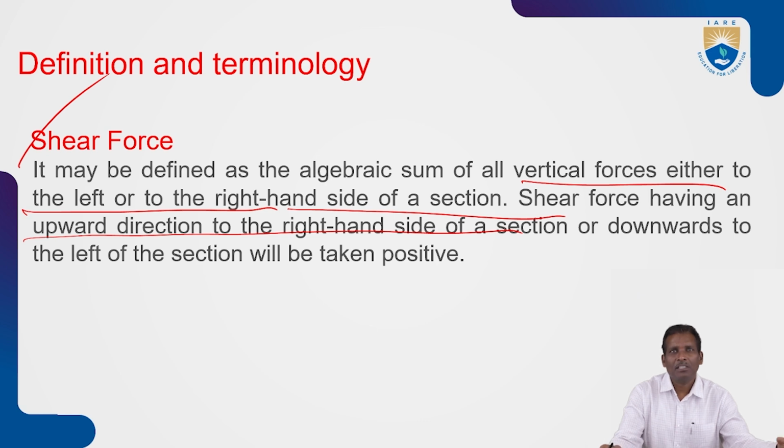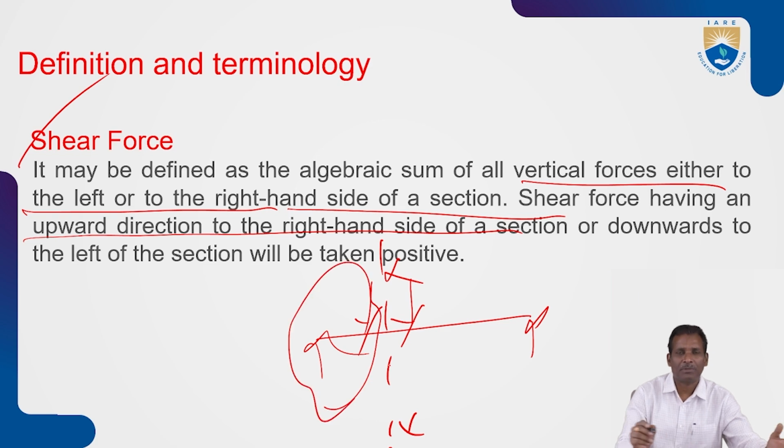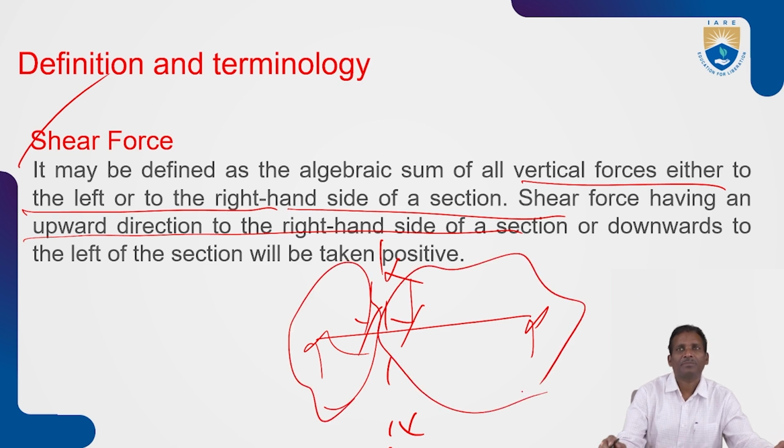See here, the algebraic sum of all vertical forces either to the left or right of the section. Suppose the beam has two loads acting, and we take a section here. What is the algebraic sum of the vertical forces at this particular left side or right side?